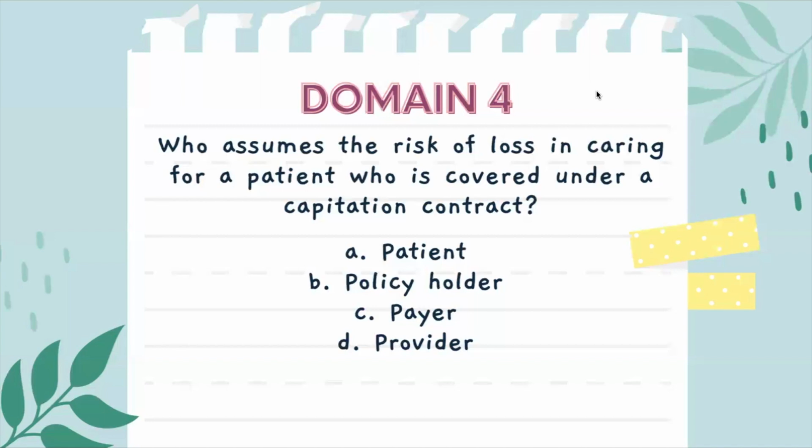If I have 100 patients and in the month of May, I am given by the insurance company $50,000, but the expenses that were required to treat my patients ended up being $70,000. Who is going to be responsible for finding the remaining $20,000?